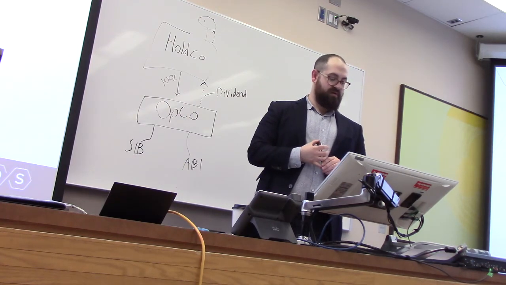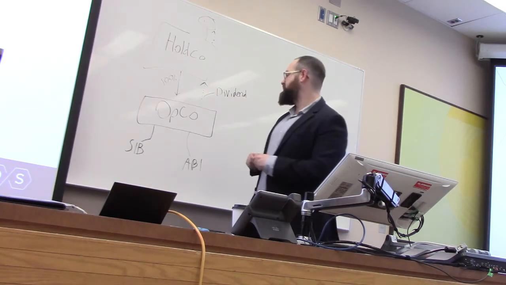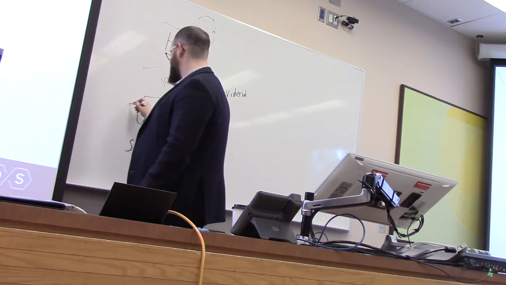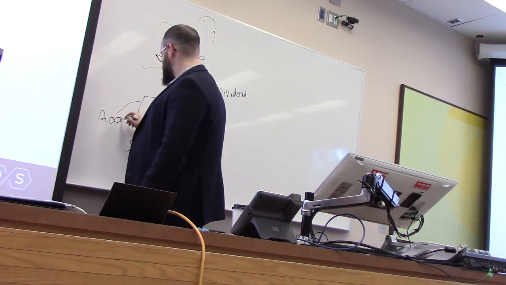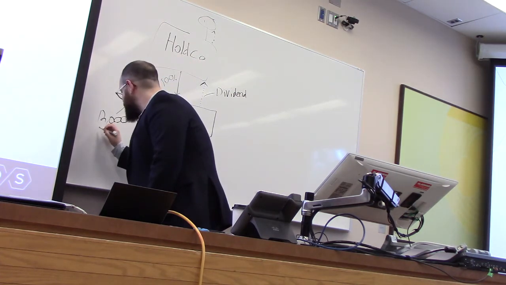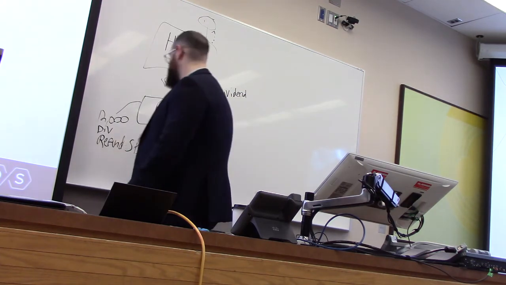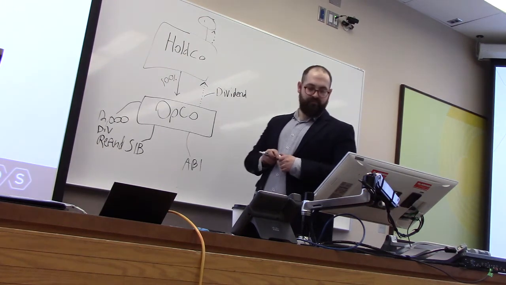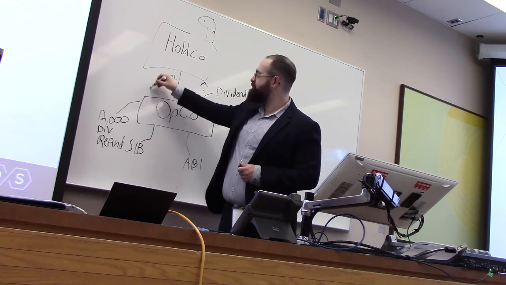Can you write that down under OpCo, $12,000 dividend refund? So this is a question for the class now. How much Part 4 tax does Holdco have to pay, given that Holdco got a dividend and owns 100% of the shares of OpCo?